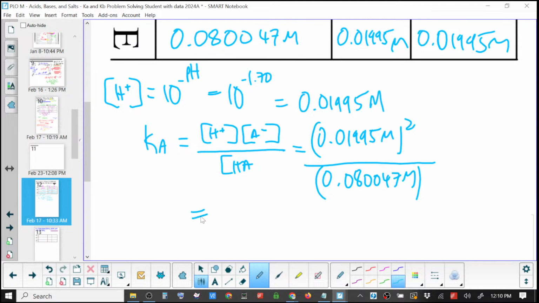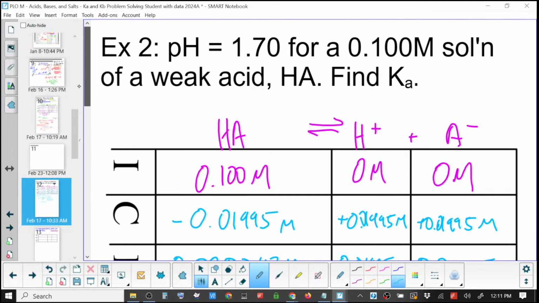And what did I get? Did you get 4.99 or 98? 9.7. So the two sig figs.